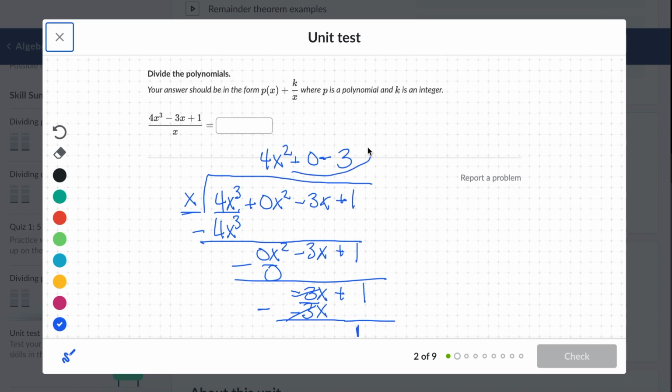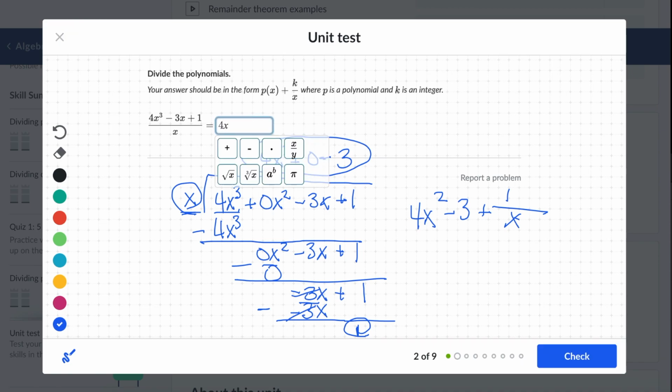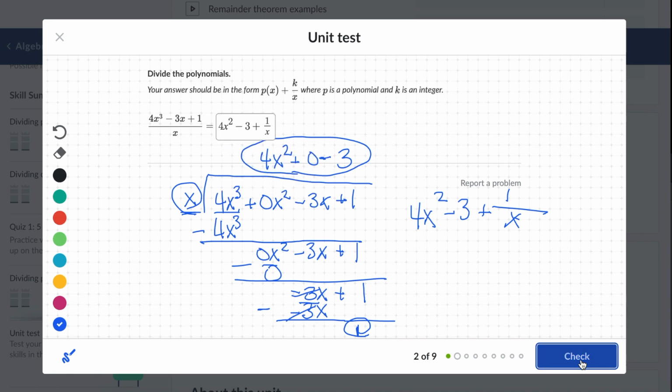So this is, again, our answer. I'm not going to write the 0. And then for the remainder, this remainder goes on top, and this outside value goes on the bottom. That should be our answer. Check. Yeah.